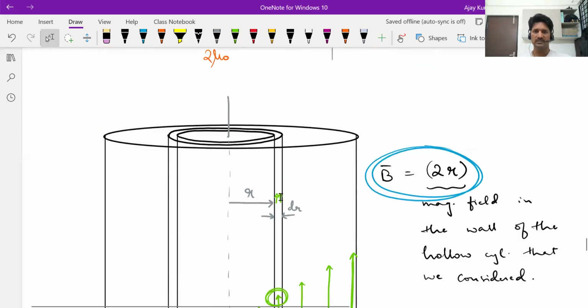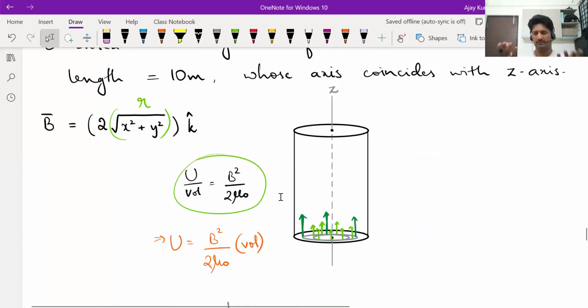And the original cylinder, there was no cylinder actually. You were given a space and you were asked to find out how much energy is in that space. That space was in the form of a full cylinder. Since that space consisted of a magnetic field which varies with distance from the axis, we are splitting that space into smaller spaces, hollow cylindrical spaces.